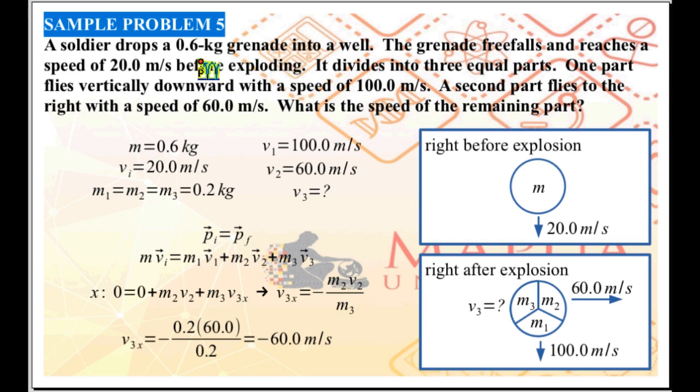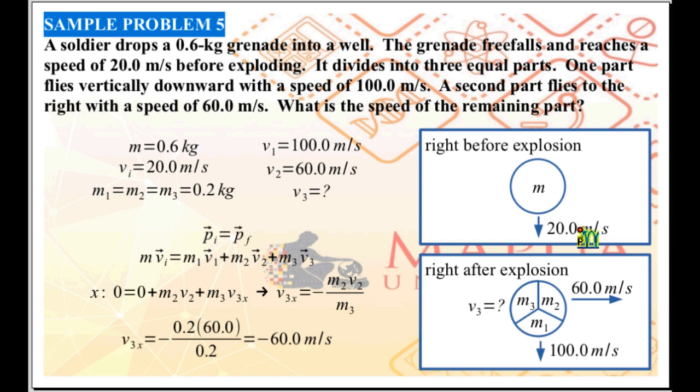The grenade has a mass of 0.6 kilograms, so let m be equal to 0.6 kilograms. The grenade free falls, reaches a speed of 20 meters per second before exploding. So right before the explosion, the speed of the grenade is 20 meters per second.